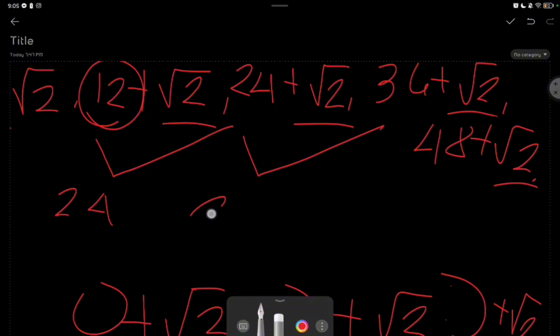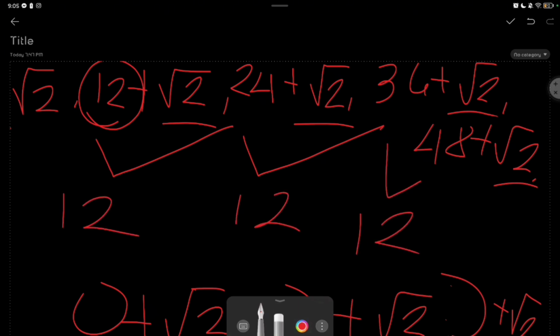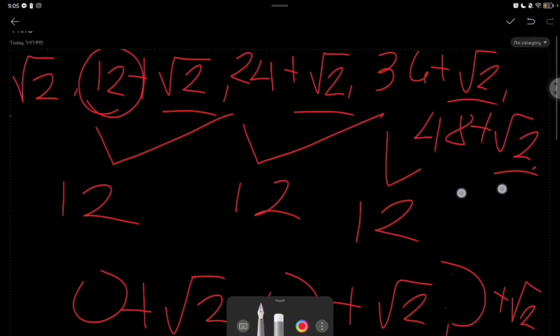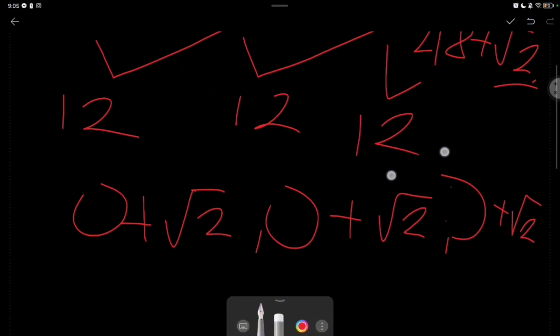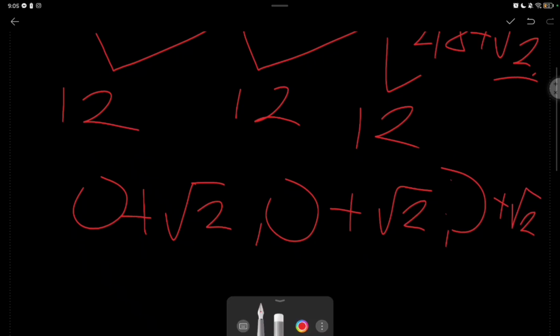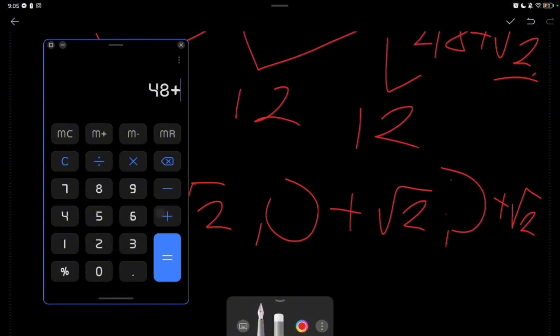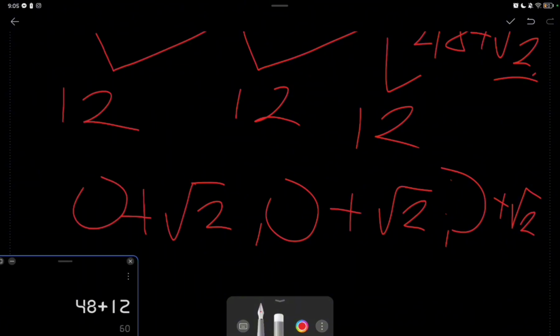Then 24 plus 12 is equal to 36. Oh wait, 12. So the pattern here is 12. We will add 12 to the first number. So 48 plus 12 is equal to 60.